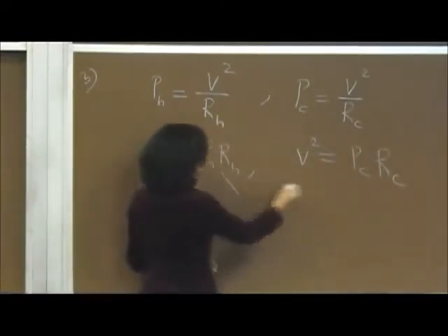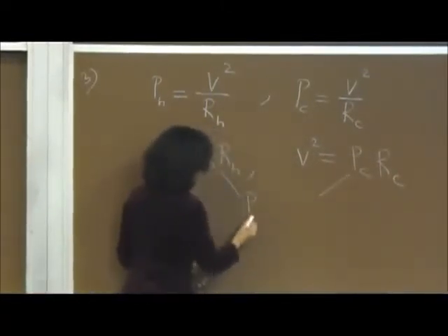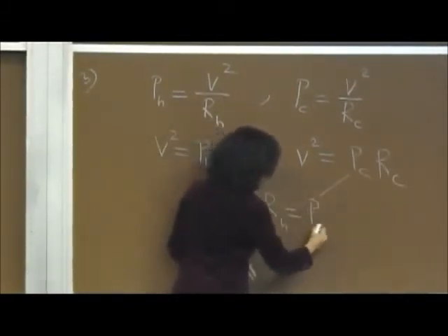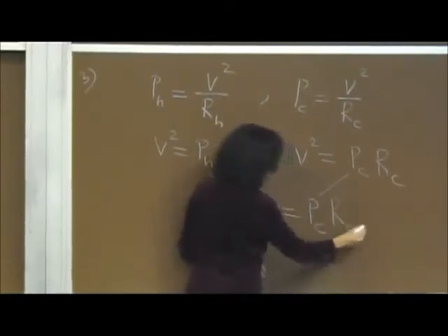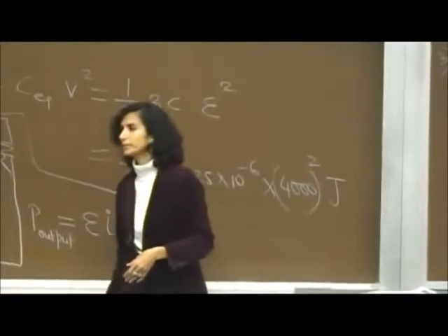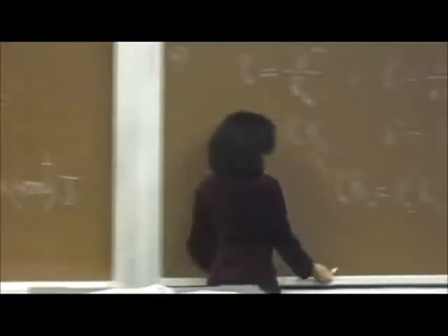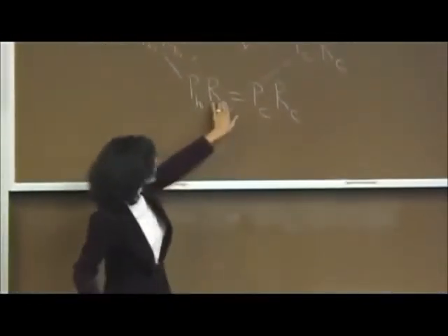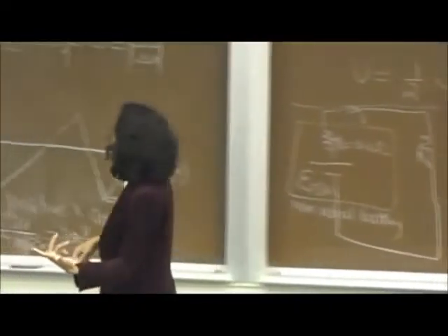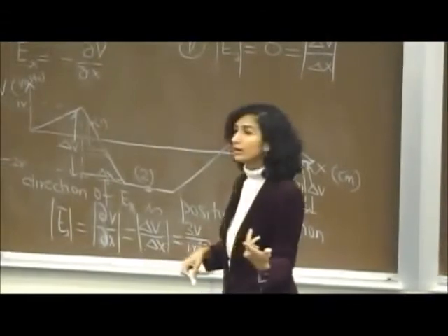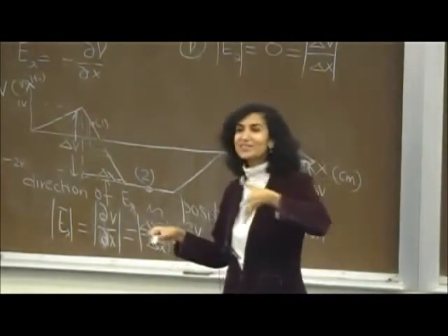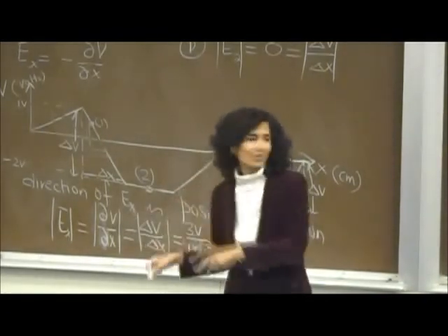So from both of these together, can we conclude that power when hot times resistance when hot should be equal to power when cold times resistance when cold? Now, can the resistance when the thing is hot be written in terms of the resistance when the thing is cold?